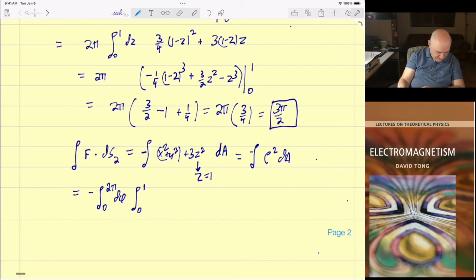And then I just have rho squared rho d rho. So this is equal to minus the integral from 0 to 2 pi d phi, the integral from 0 to 1 of rho cubed d rho.